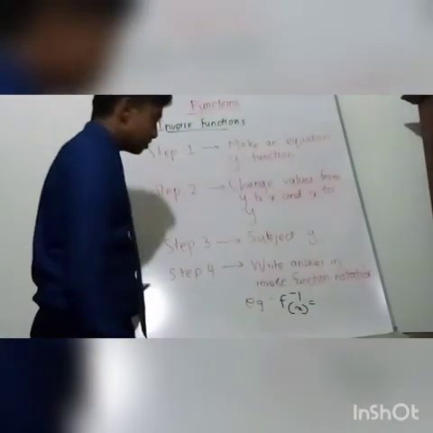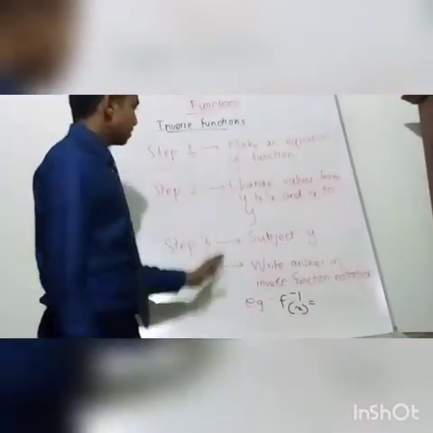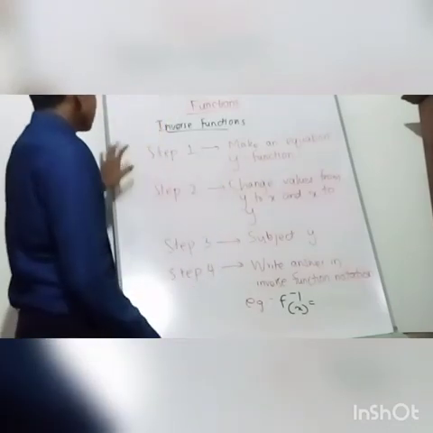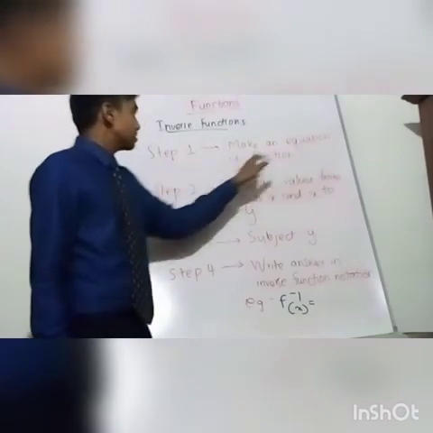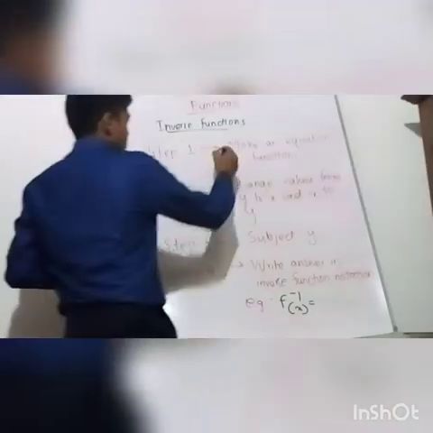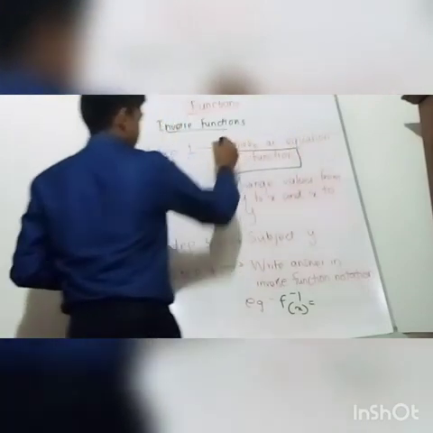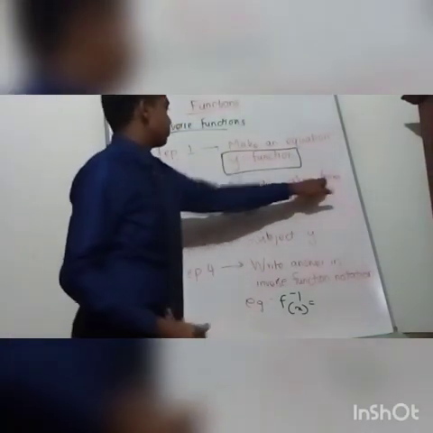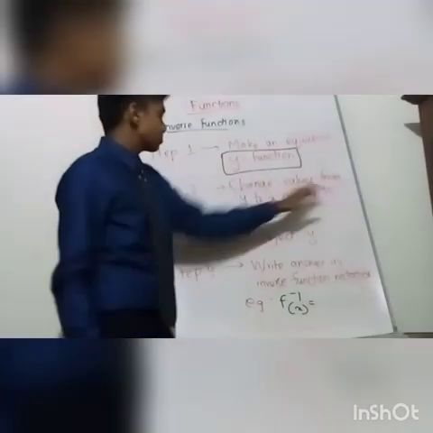Remember these steps, because only in this way must you do the inverse function, or else you will not get marks. Step 1, make an equation y equals function. Step 2, change values from y to x and x to y.